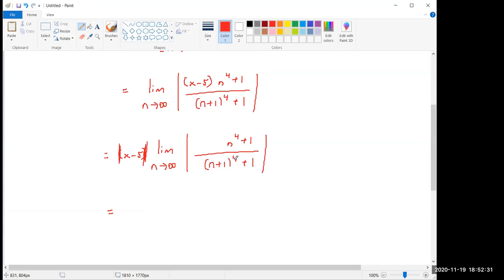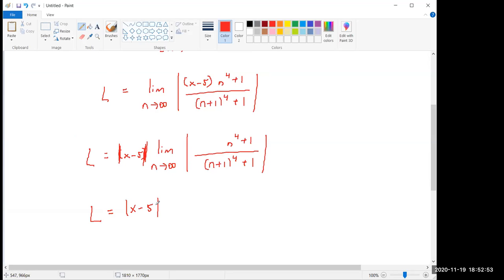Because the degrees are the same, so you just take the leading coefficients, so it's just 1. So it's just 1 times the absolute value of x minus 5. Okay, so we found the limit. This is L, right, the limit. So our limit for the ratio test is the absolute value of x minus 5.